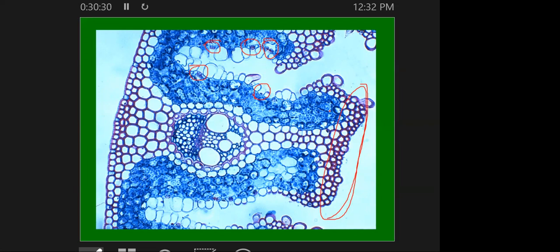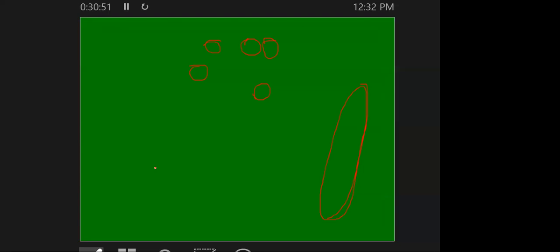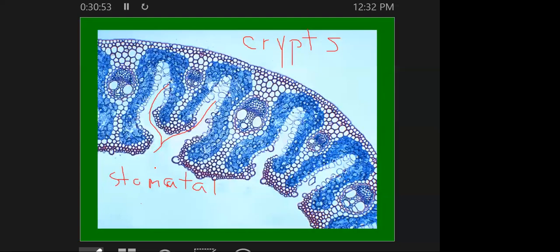Here's another image of a similar plant with stomatal crypts, and they added an additional adaptation of putting a bunch of trichomes there in that airspace, in the crypt space. And they've tucked their stomata up there again. So now imagine this leaf in a wind tunnel with wind flowing over the leaf.